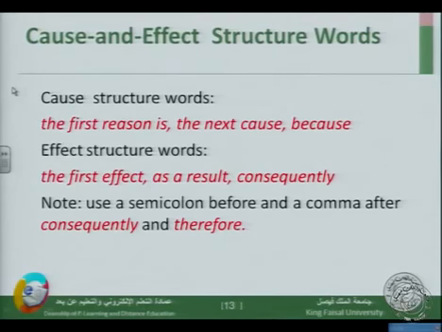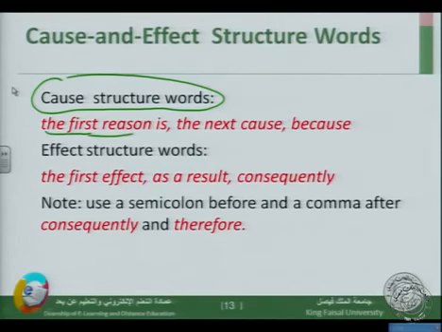Let us see a cause and effect structure right here. As you can see, we have cause structure words. You need to mention something like the first reason, or as, or the second cause, and because. All of these are cause structure words.